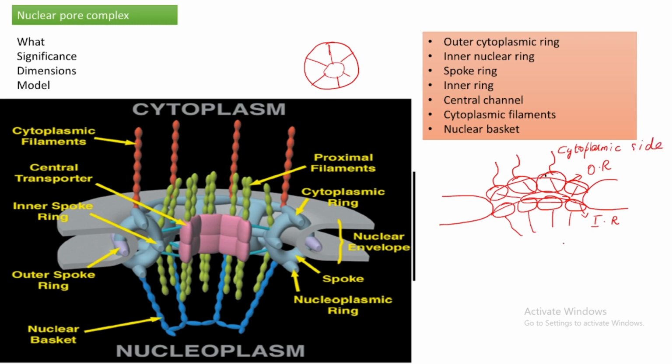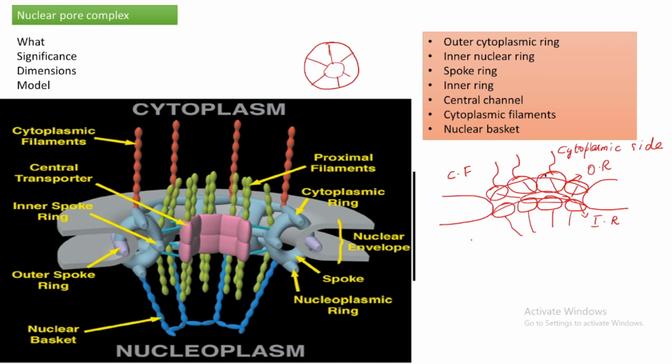And as this inner ring is facing towards the nucleoplasm, it is called the nuclear ring, and from that ring also so many filaments emerge. What is the name of those filaments? Those filaments emerging from the cytoplasmic side are called the cytoplasmic filaments, and the filaments that emerge from the inner nuclear ring are called the nuclear filaments.